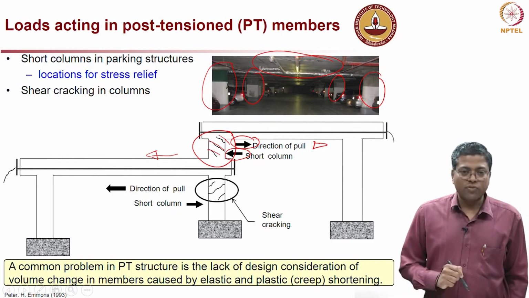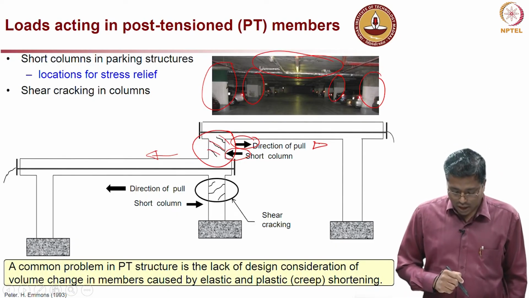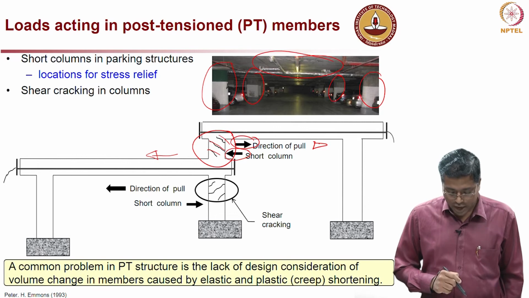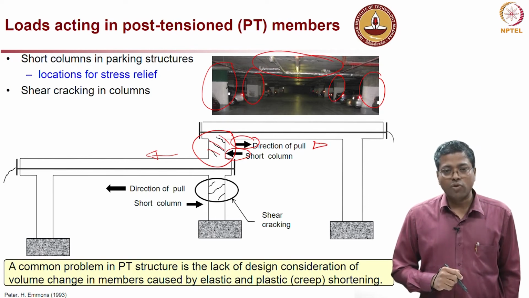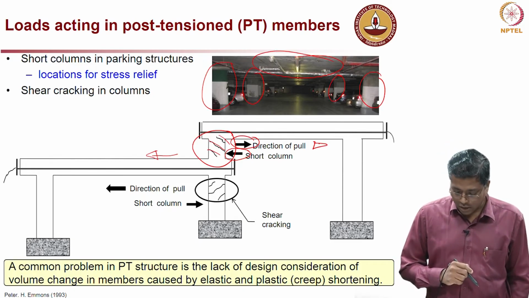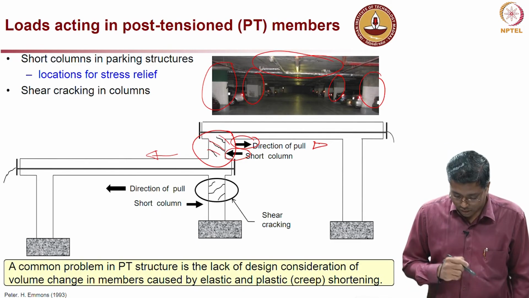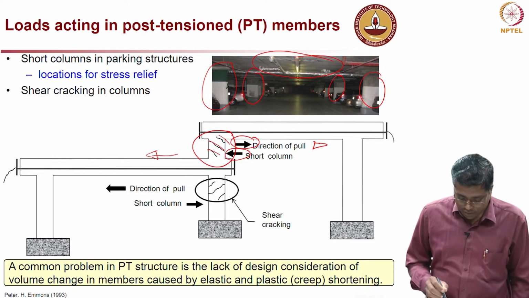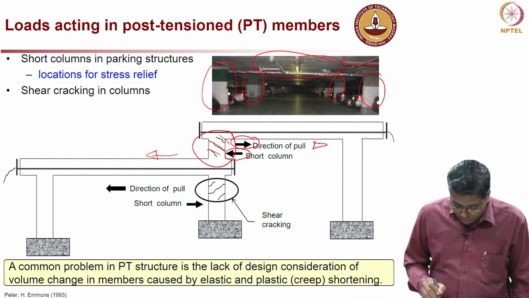So, the type of cracks you can look at, what is the angle or direction of the cracks, and that will tell us which force is actually creating this crack, are the reasons for these cracks. Now, let us look at the bottom portion of the column.